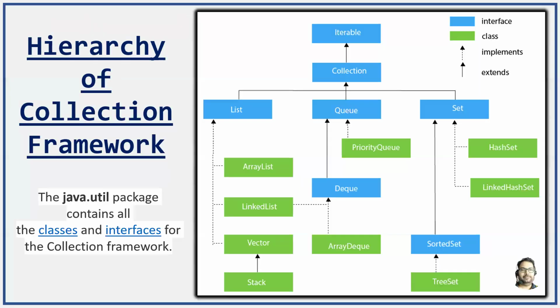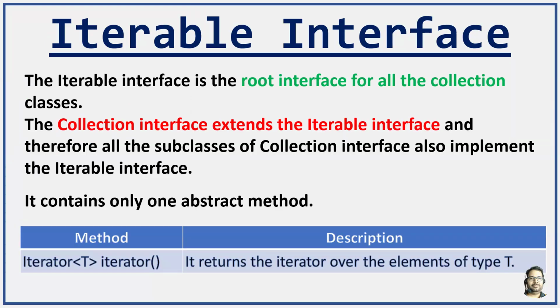It means if you take the example of any classes under List, Queue, Set, like ArrayList, LinkedList, Vector, Stack, PriorityQueue, ArrayDeque, TreeSet, HashSet, all these classes implement the Iterable interface.